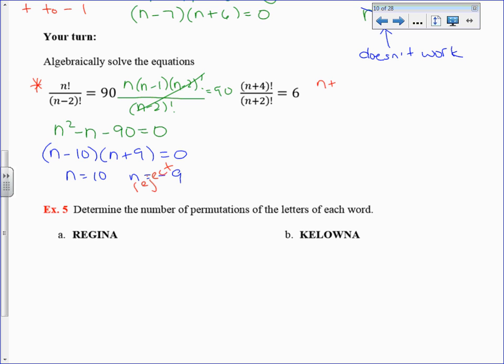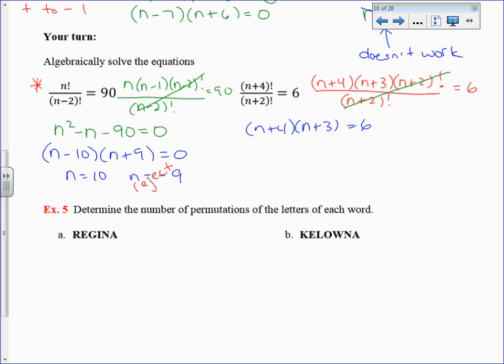Okay, so n plus 4 times n plus 3 times n plus 2 factorial over n plus 2 factorial, and that equals 6. Okay, so these cancel, and I'm left with n plus 4 times n plus 3 equals 6.